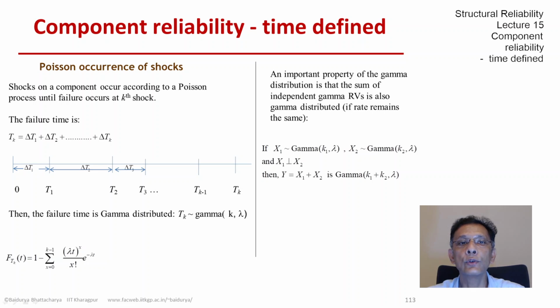So if we continue adding gammas from the same underlying process defined by lambda, then gamma k1 lambda and gamma k2 lambda, if they're independent, their sum would be a new gamma random variable with parameter k1 plus k2 and the same lambda as before. So now let's solve one or two examples with this sort of arrival on the time axis.